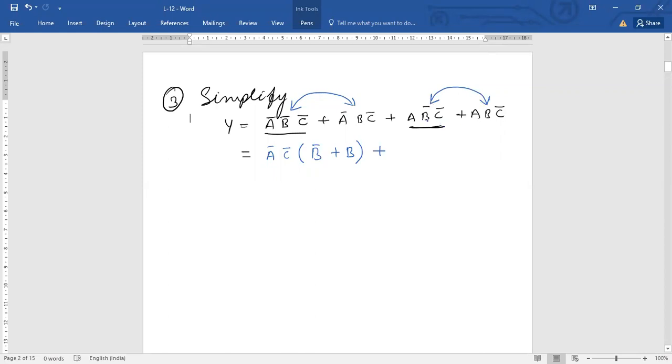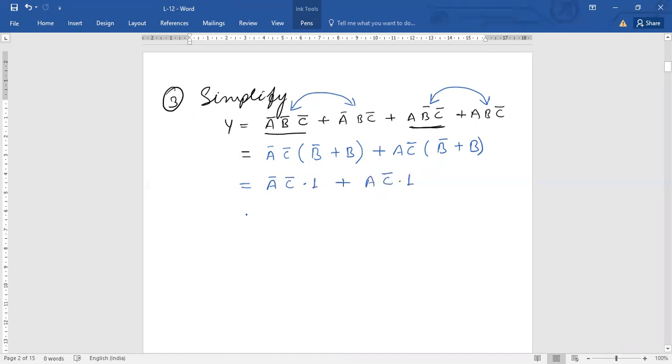A C bar is common. So we will have here B bar plus B. Now, all of us know the value of B bar plus B? 1, sir. Okay, so we will have A bar C bar 1 plus A C bar 1.